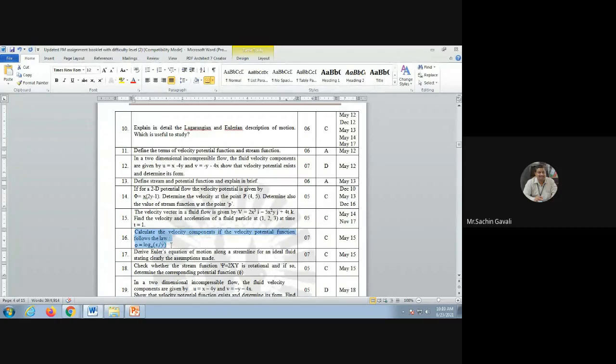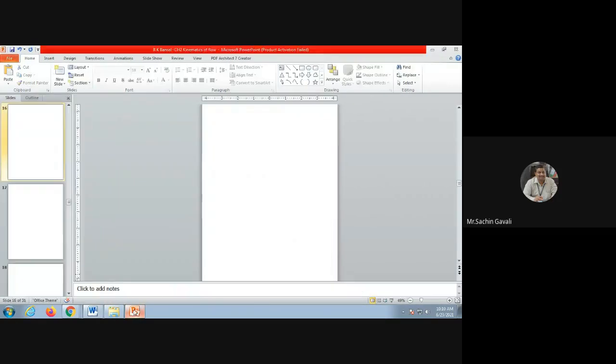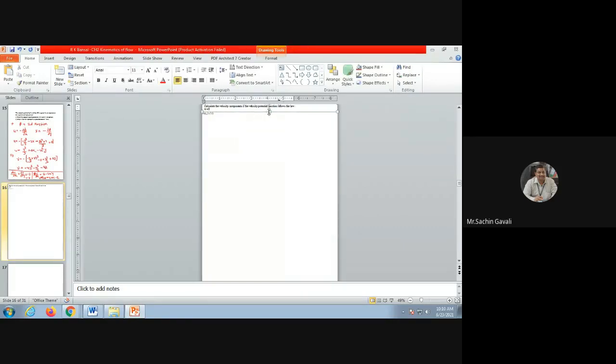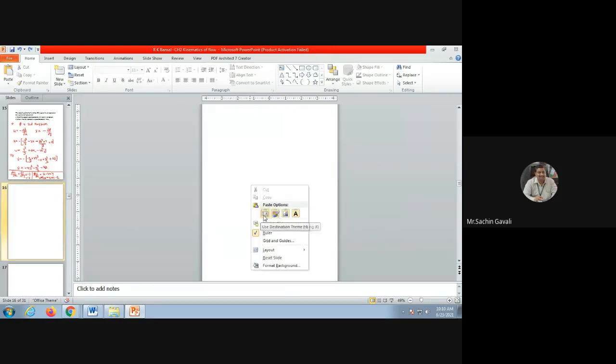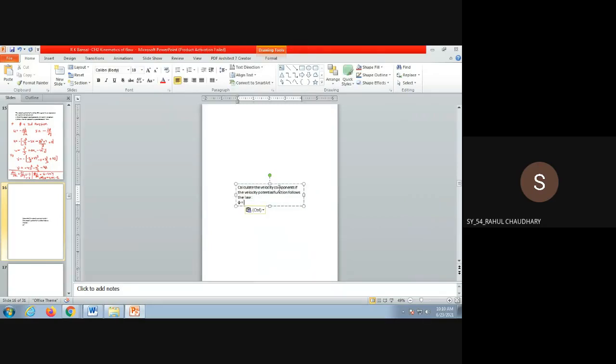I will see everybody's mathematics. This is a simple numerical, very simple, but many of the students were not knowing the exact method.